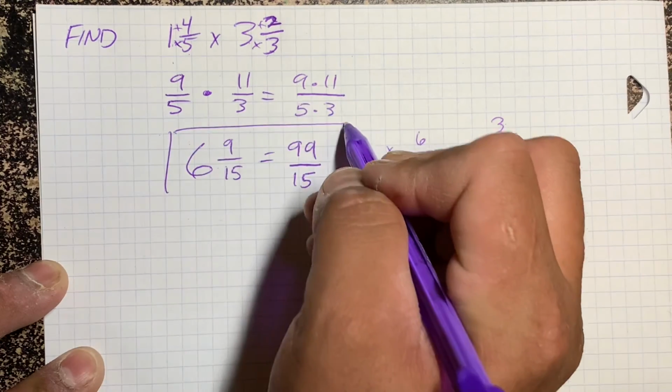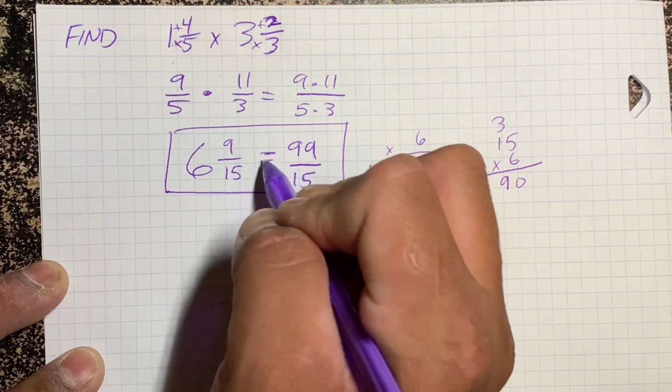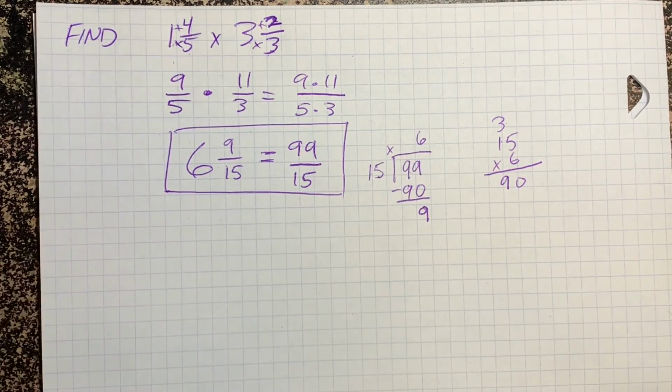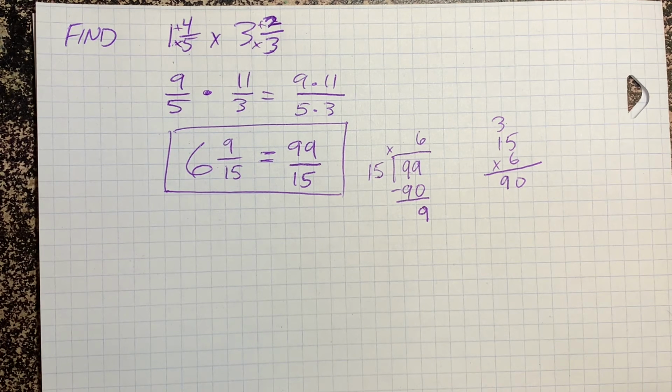So 6 and 9/15 is equivalent to the improper fraction 99 over 15. That's all you do. Again, when you're multiplying fractions and mixed numbers, make sure that you convert your mixed numbers into improper fractions, then multiply your numerators, multiply your denominators, reduce, and you should be good to go.